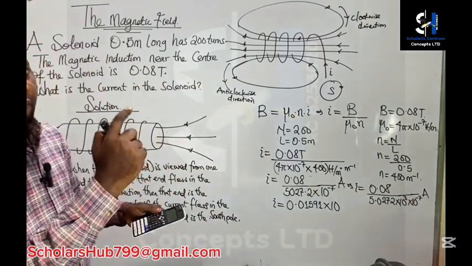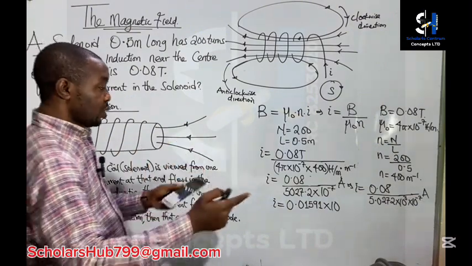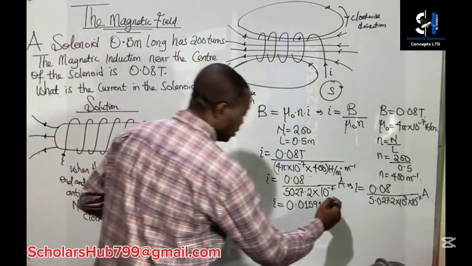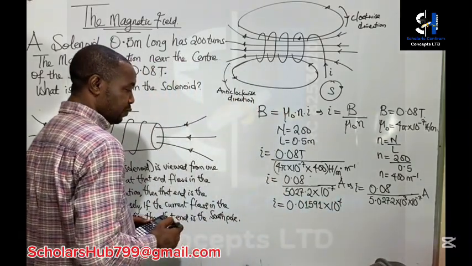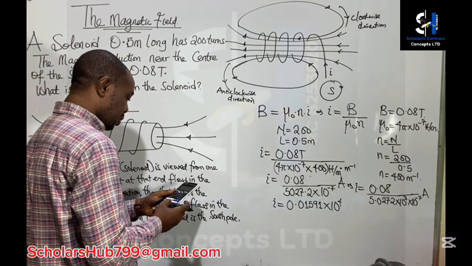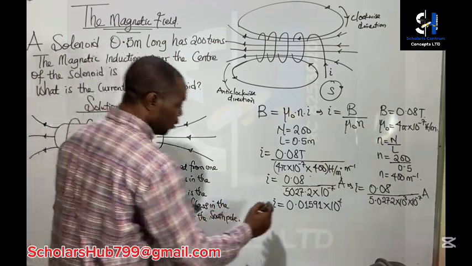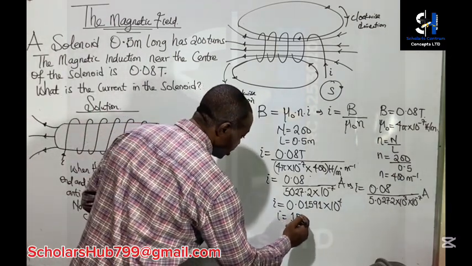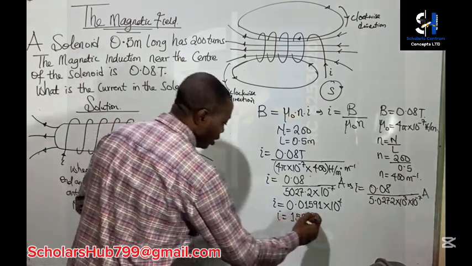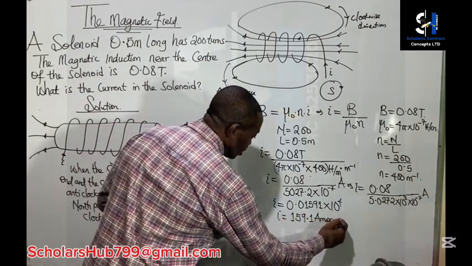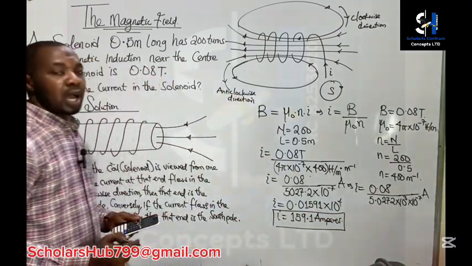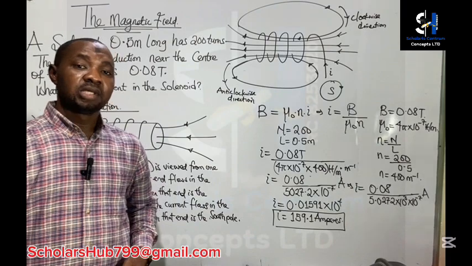Because we have 1 over 10 raised to the power of -4, that will be 10 raised to the power of 4. When this is multiplied by 10,000, that will be 159.1. So the current is 159.1 amperes.